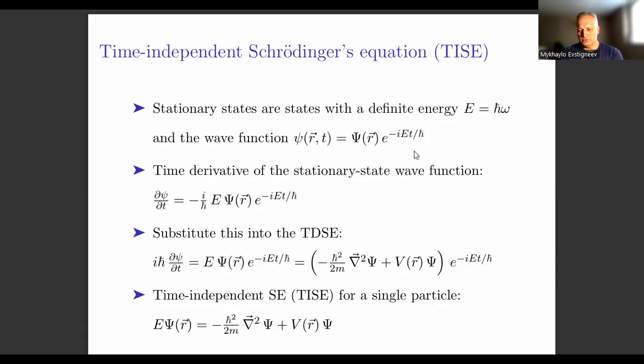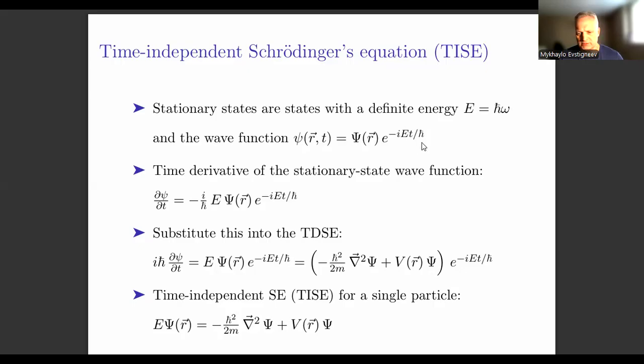All right, now if you take the partial time derivative of a stationary state wave function, then since your prefactor capital psi of r does not depend on time, you only need to differentiate the exponential.